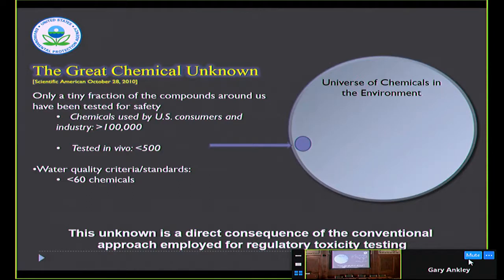There's lots more chemicals out there than we have the ability to test, basically. And so this introduces a huge uncertainty relative to chemical safety assessments for both ecological and human health. And as was pointed out in the previous talk, we're not going to test our way out of this using kind of the conventional approaches that we've used for testing in the past.